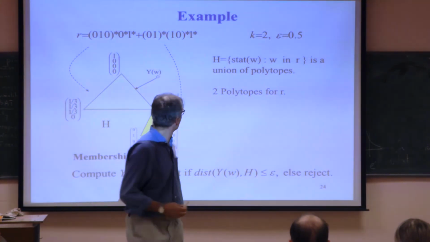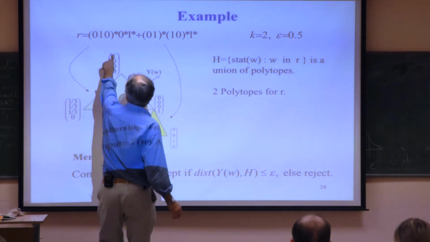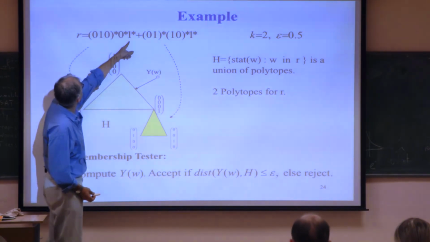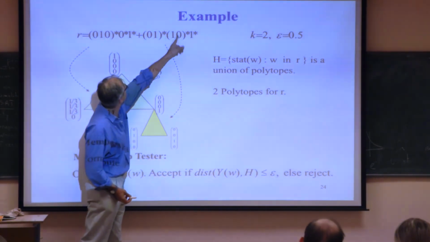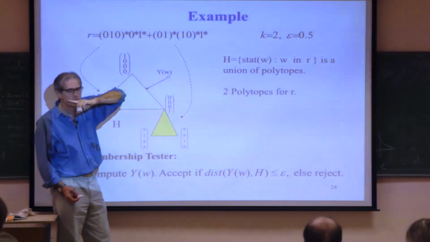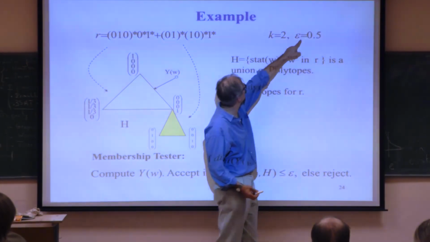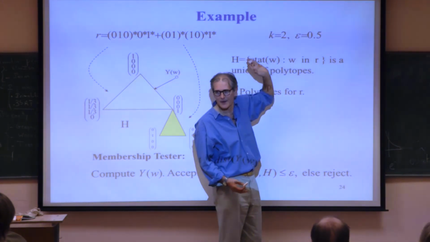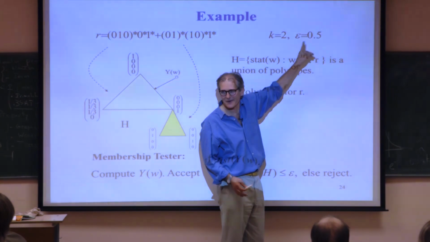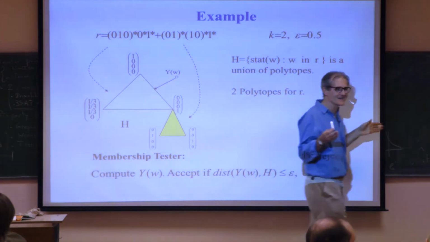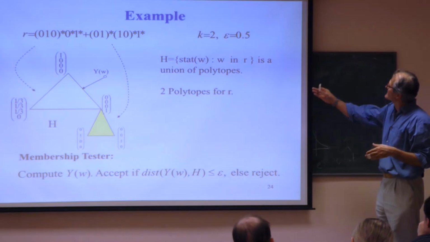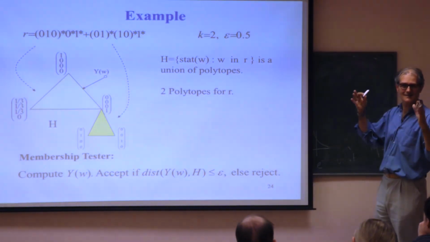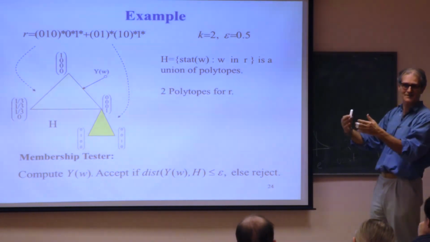The regular expression is this: (0 1 0)* 0* 1* + 0* (1 0)* 1*. Let's assume epsilon is 0.5, therefore k is 2. So I'm allowing 50% of error here. 50% error is not so good, but if you understand, you can make epsilon whatever you want. The algorithm works for any epsilon.